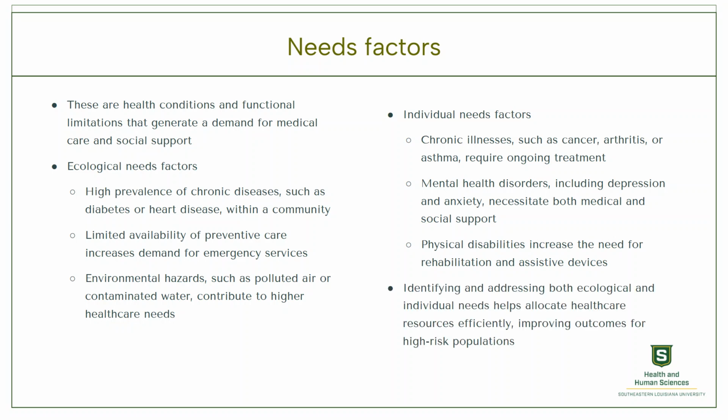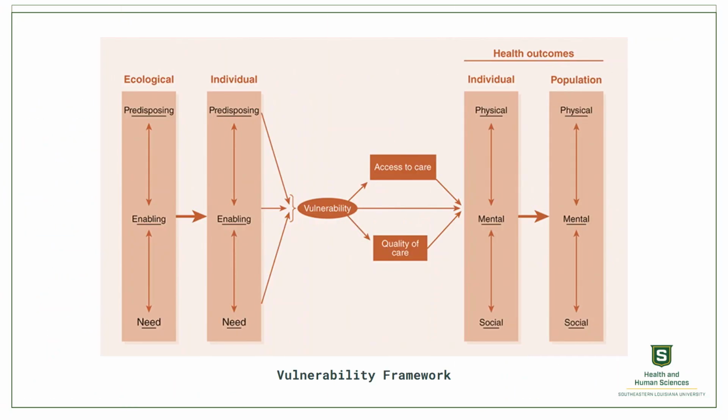So it's very, very important to identify and address ecological and individual needs, in terms of what resources need to be allocated effectively, and how you improve outcomes for both the individual and the population as well.